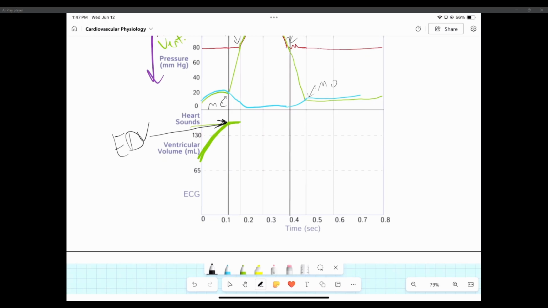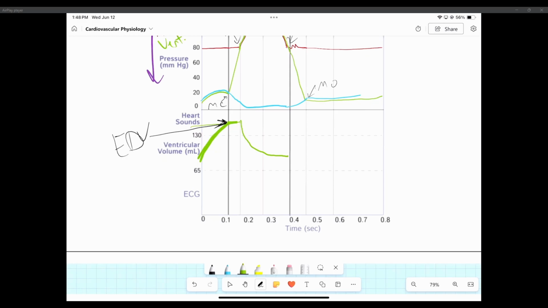Okay, so isovolumic contraction, no change in volume, but what are we doing in the heart? Building pressure. Now, we have what? Rapid ejection, right? So we're going to drop real fast, and then slow.